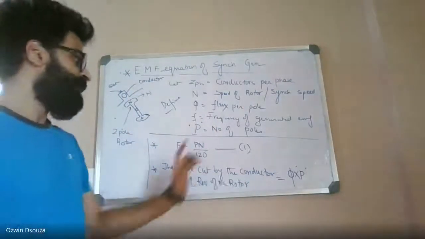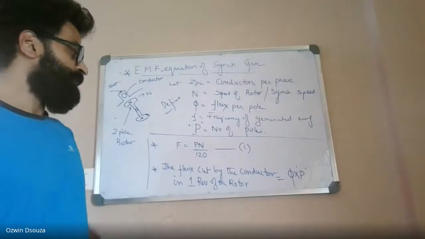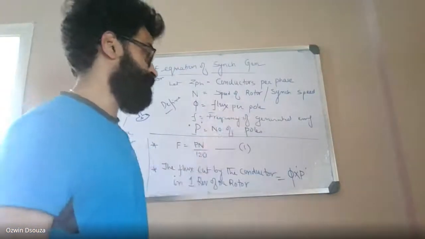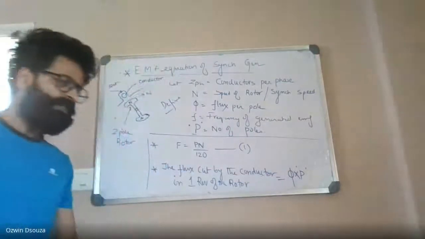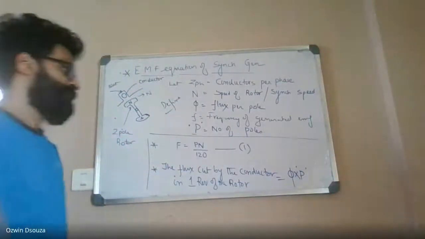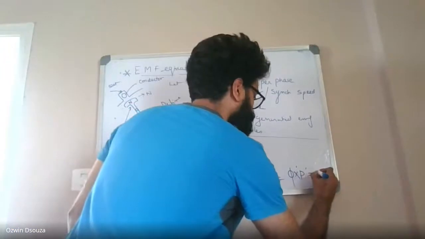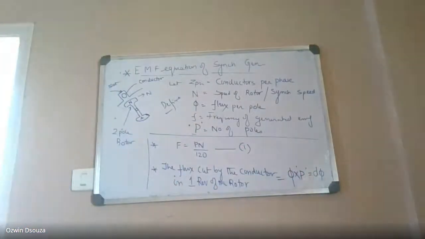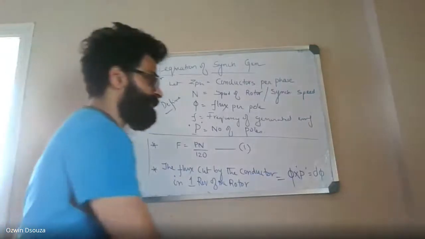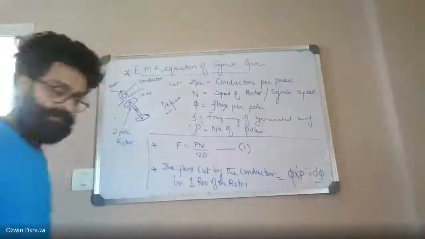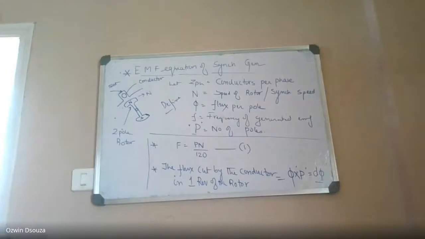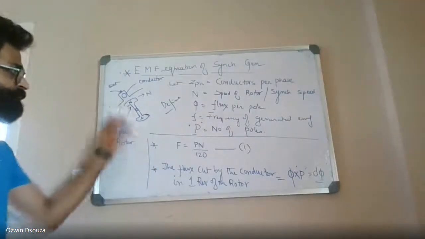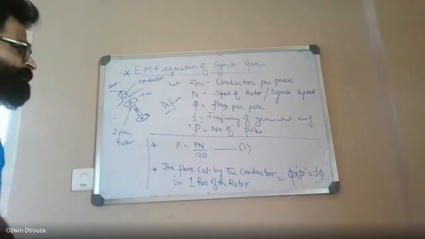So flux cut by the conductor in one revolution of the rotor is equal to flux per pole into the total number of poles, so it is P phi Webers, and it can also be taken as change in flux d phi. So flux cut is nothing but change in flux d phi.